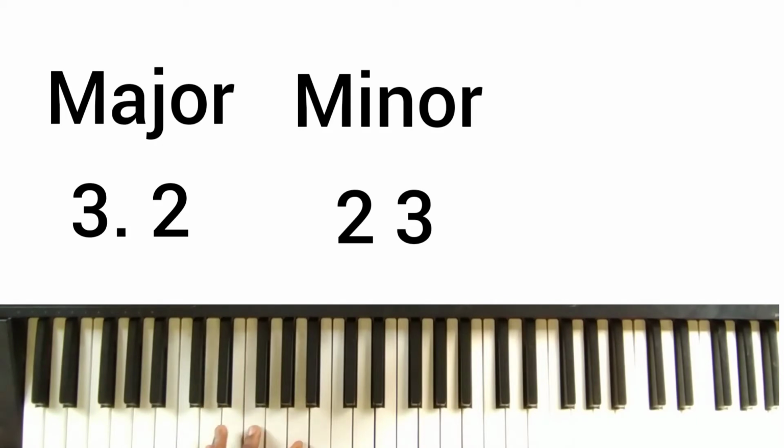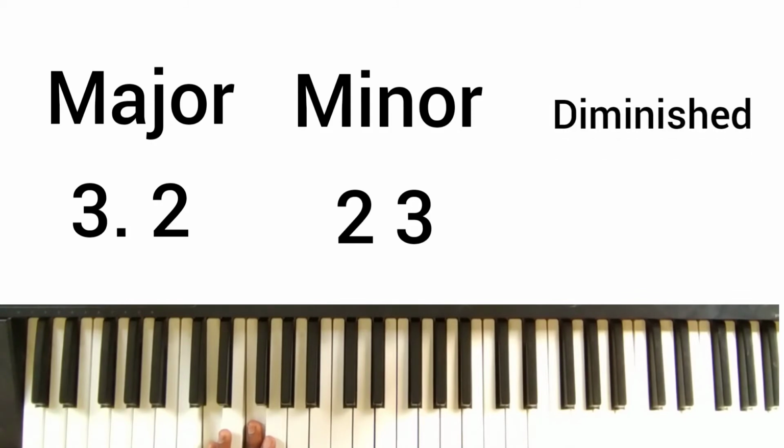Okay, so this is a minor chord and this is a major chord. So any chord that has this interval, okay, this is a major third interval, this is a minor third interval. This one has 3 notes in between, this one has 2 notes in between. Okay, so I'll put the formula up on the screen so that you can see exactly what I'm talking about.